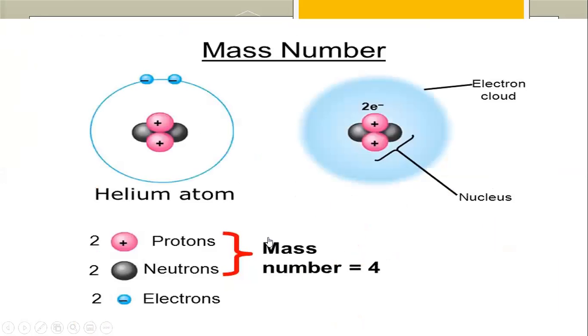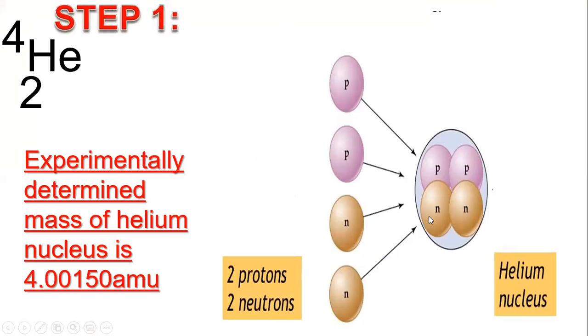When this nucleus is formed, all the protons and neutrons present inside the nucleus need energy to bind them. That amount of energy required to bind the nucleons inside the nucleus is known as the binding energy, and that amount of energy was released when this nucleus was formed.